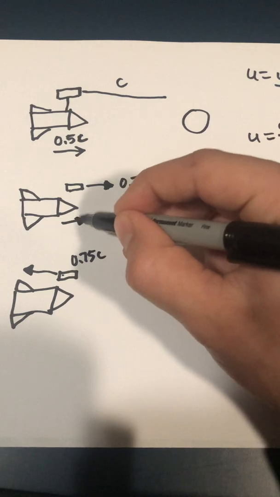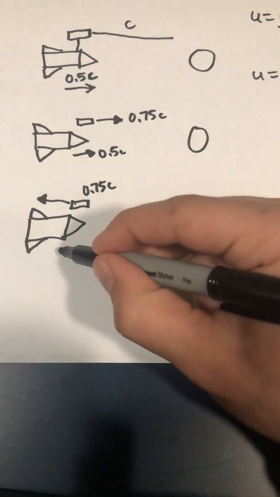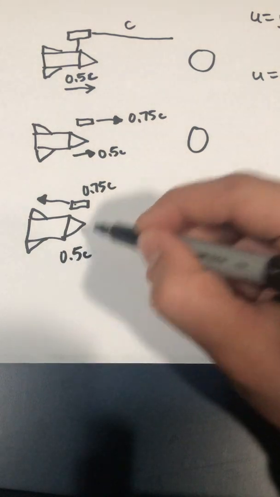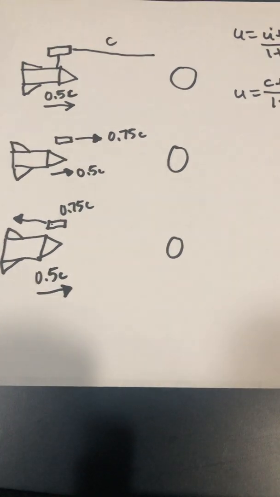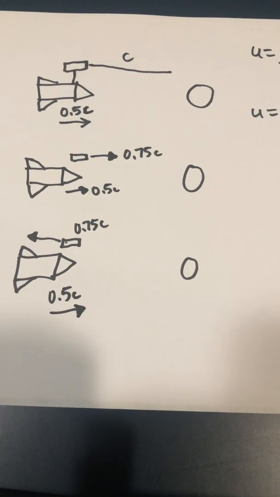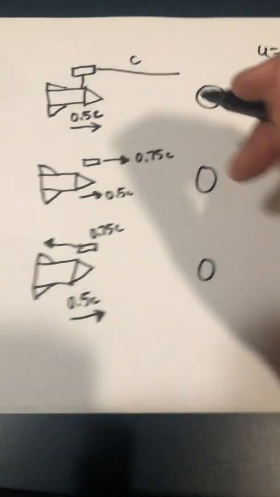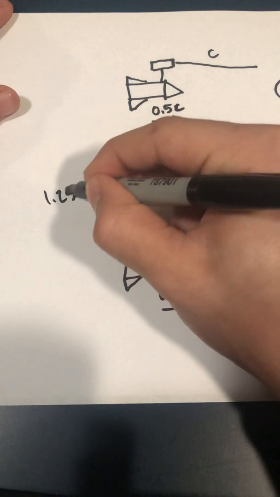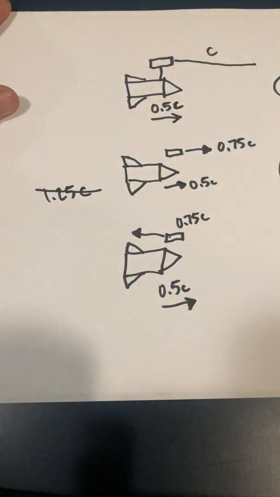While our rockets both approach at half the speed of light. So let's do the math to see how this equation would work and give us the correct understanding. Because if we were to add these together, it would give us 1.25 times the speed of light, which again we know is incorrect because we can't go faster than the speed of light.